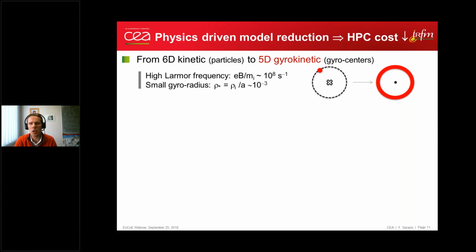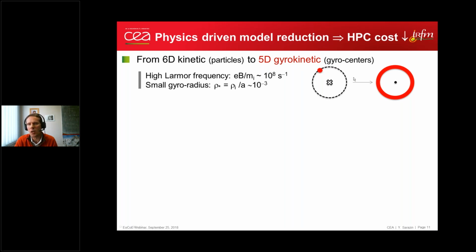So we can fortunately relax the constraints a little bit, by noticing that the Larmor frequency is much larger than the typical turbulent frequency, by typically 3 orders of magnitude, and also by noticing that the gyroradius is much smaller than the scale of variation of the magnetic field. Then we can replace the 6-dimensional modeling by a 5-dimensional modeling, which is called the gyrokinetic framework.